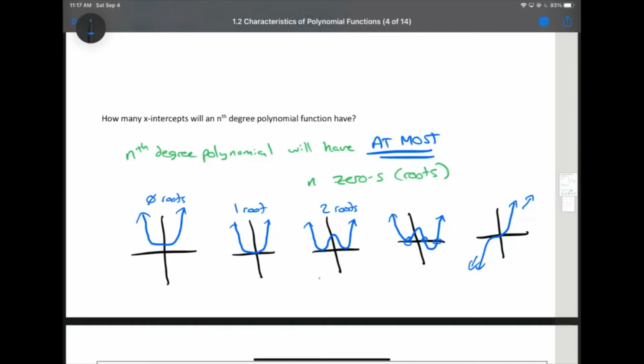It's impossible to go from a negative to a positive without crossing the x-axis, at least for a continuous function. Okay, so nth degree polynomials have at most n roots, even degree down to 0, odd degree down to 1.